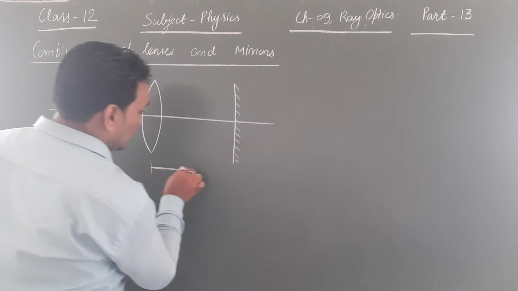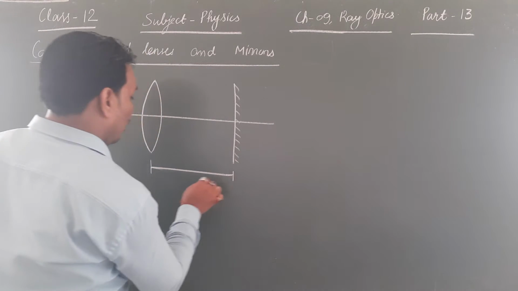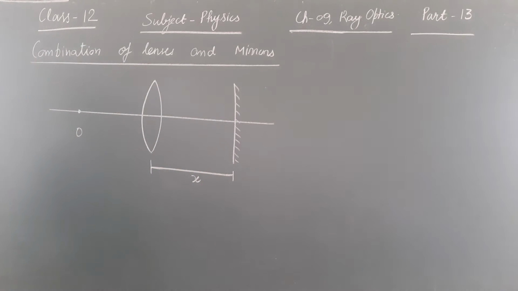What is the focal length of the convex lens so that the image of the object is formed on the object itself?